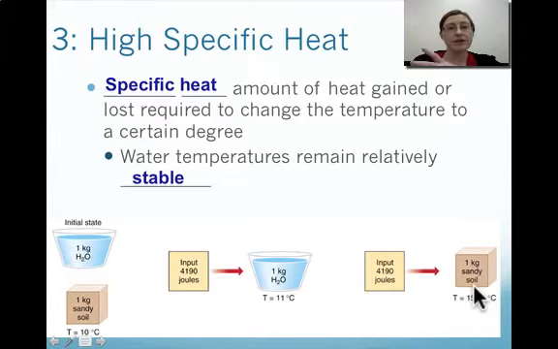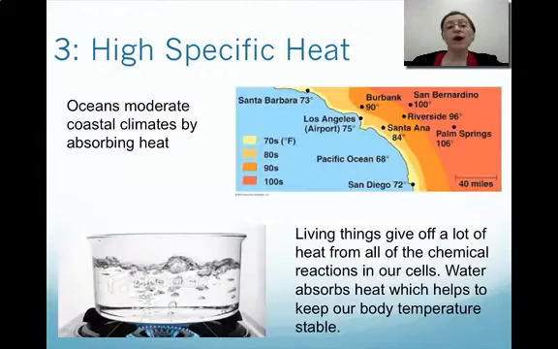Okay, and I know that's kind of hard to understand, but the big idea here is the reason it resists change is because it can absorb that heat. It holds on to it, okay? So it doesn't change the temperature that much. Why is this important? Well, because water can act as a moderator to regulate big temperature changes. So for example, when you look at this map, okay, this is over on the west coast here.